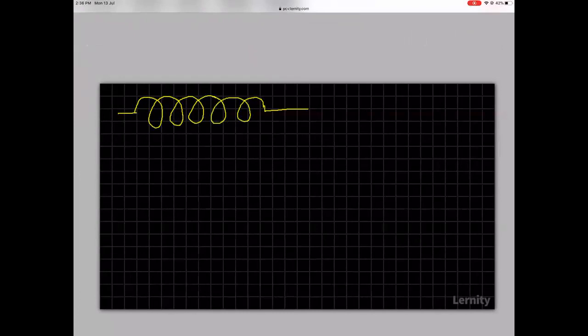Yeah, this is a solenoid. It is a helical coil of wire.